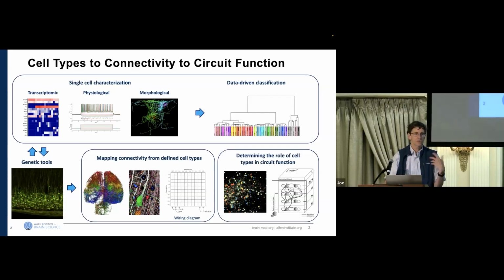And cell type classification is like anything. If you say, well, how many types of cars are there? It's kind of an ill-posed question, perhaps, because it depends on what you want to use the cars for, and there might be different numbers depending on those functions. And it's similar for cell types. Ultimately, I think we'd probably agree that a cell type couldn't be promoted to a real, genuine type until we knew that it did something.